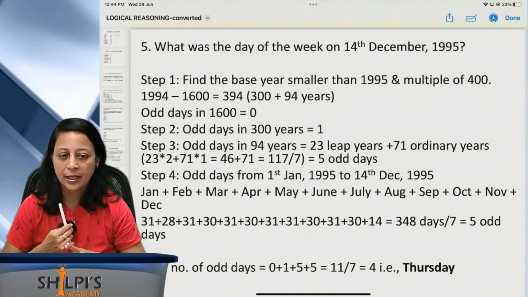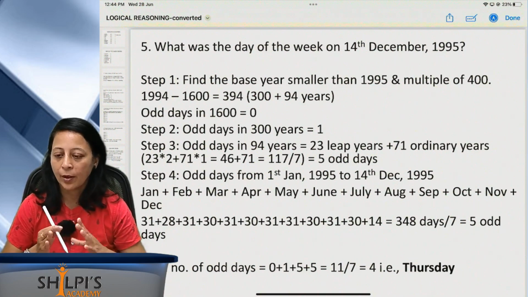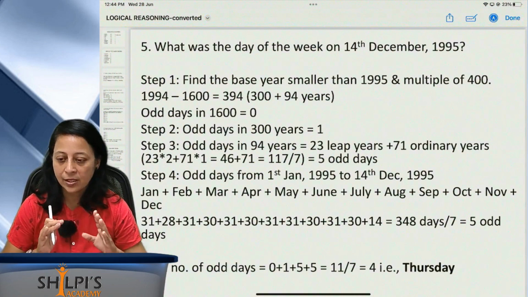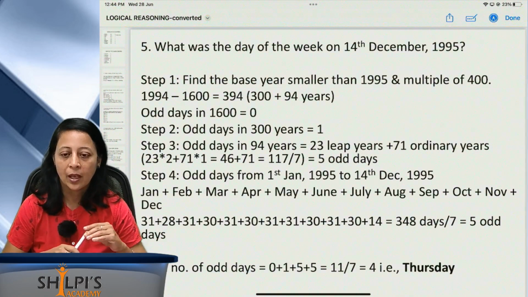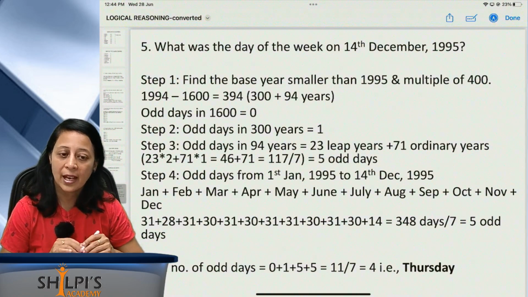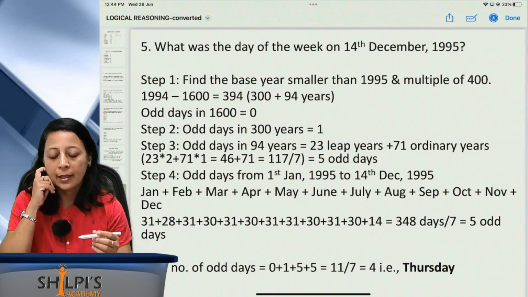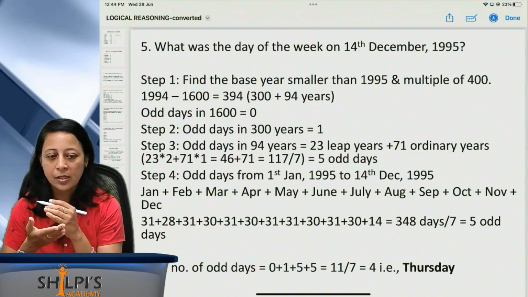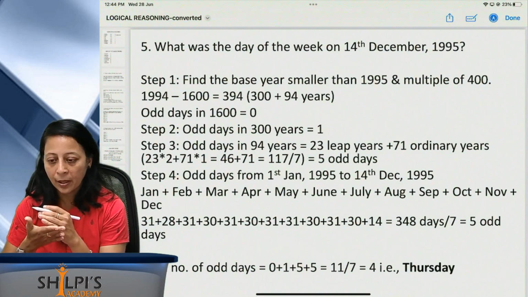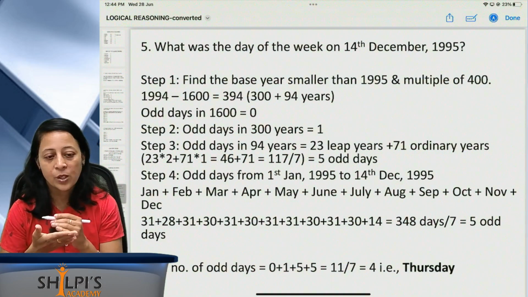First, you have to see the multiples of 400. Every century year, for leap year. So find the base year smaller than 1995 that is a multiple of 400. The leap year below 1995 is 1600.